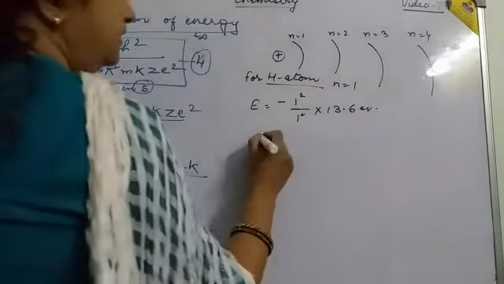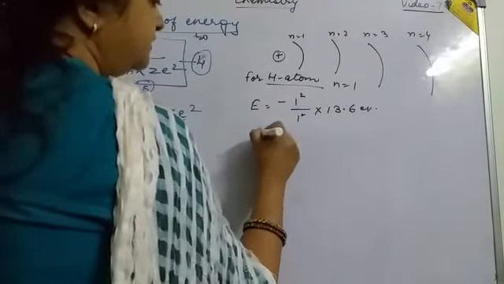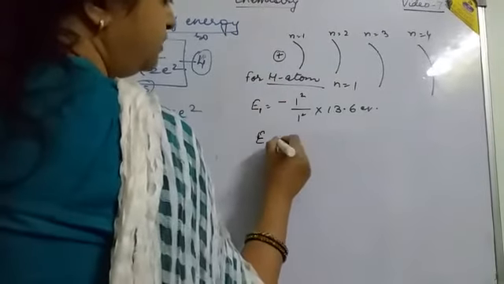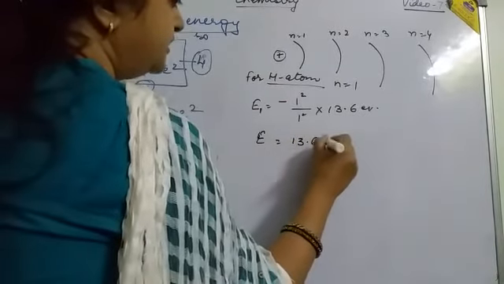So this E is E1, and E1 equals 13.6 electron volt.